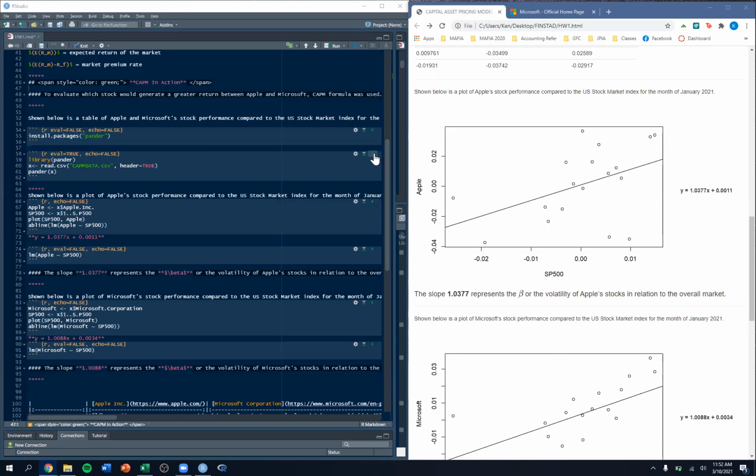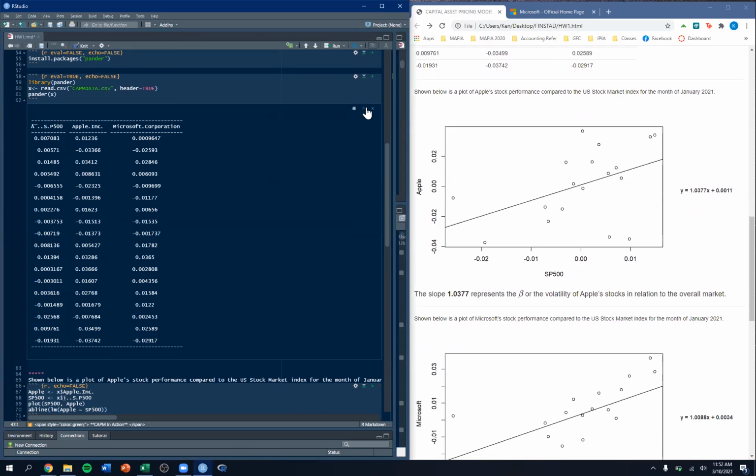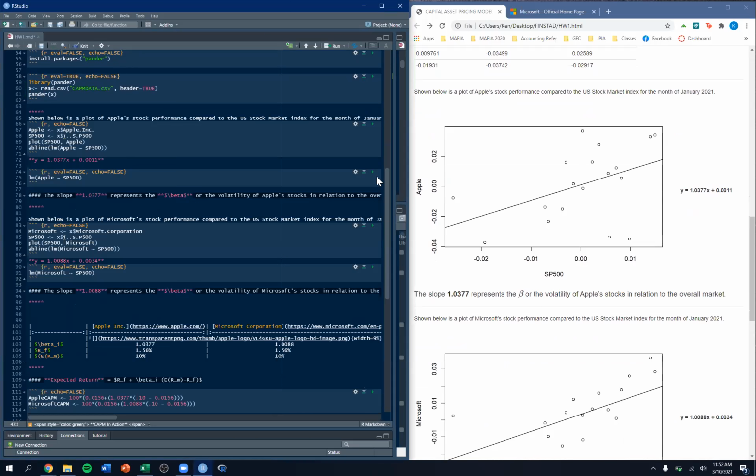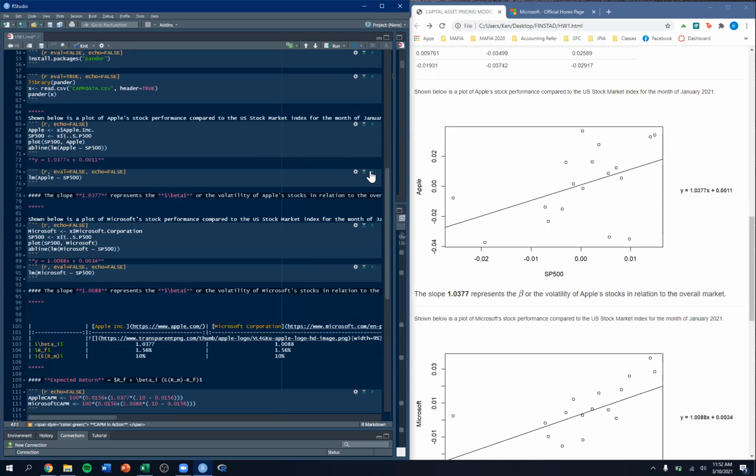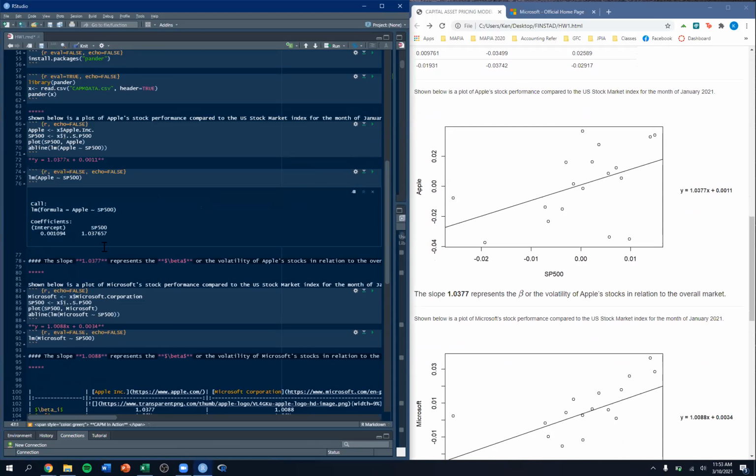If you run the data, this is our data from the CSV. If you run here, this is the plot. Then we see these coefficients: 0.001 is the intercept, and since SP500 is on the x-axis, the coefficient with it is 1.03, which is the slope, our beta.